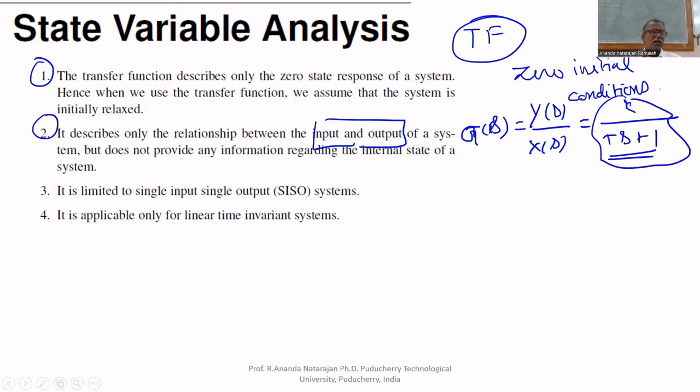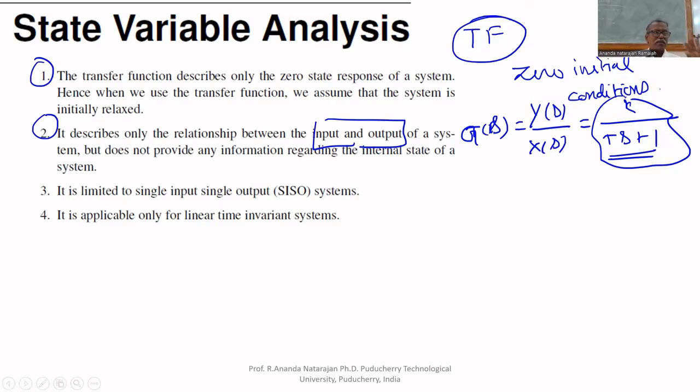Suppose in a car, many variables are there: the engine temperature, the car speed, and the fuel. How much fuel is flowing into the carburetor? How much fuel is injected into the engine? Like that, there are many variables.